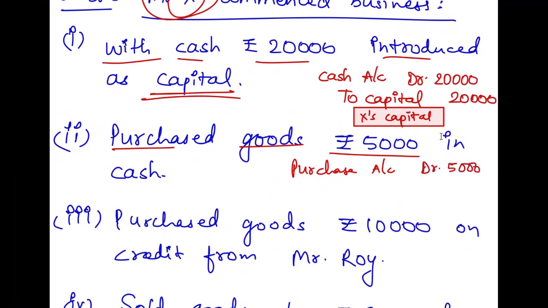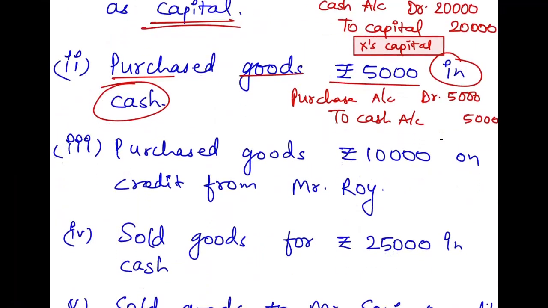But what I have given in return, it has been purchased for cash. So when cash goes out, I will feel bad. So cash account will be credited by 5,000 rupees. Okay, so that was the second effect.